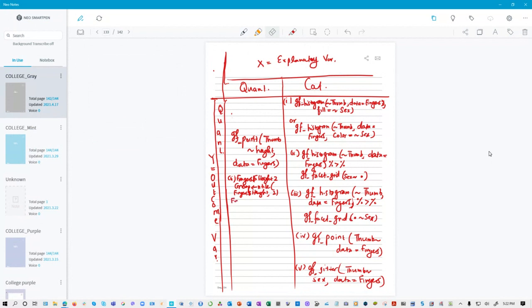Then again you go to fingers, $, height 2.